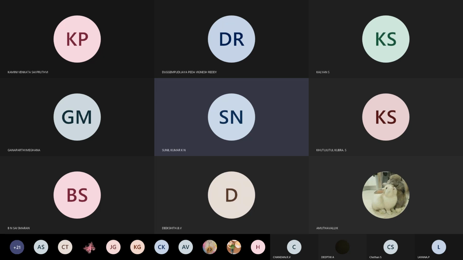This is of the form a plus b whole square, where all the DC terms, VGS minus VT, are considered as A, and the small signal gate to source voltage is considered as B. So a plus b whole square is nothing but a square plus 2ab plus b square.